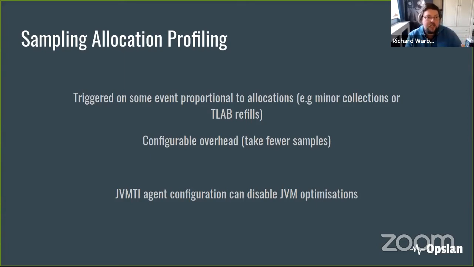We can also think about the overhead not just in terms of measuring the objects itself, but also in terms of collecting the stack traces. Maybe you want to collect a sample from every TLAB refill, but maybe only 1 in 100 of those results in a stack trace that you collect, because stack traces are another thing that has overhead in terms of the collection. So sampling allocation profiling can be vastly, vastly lower overhead.